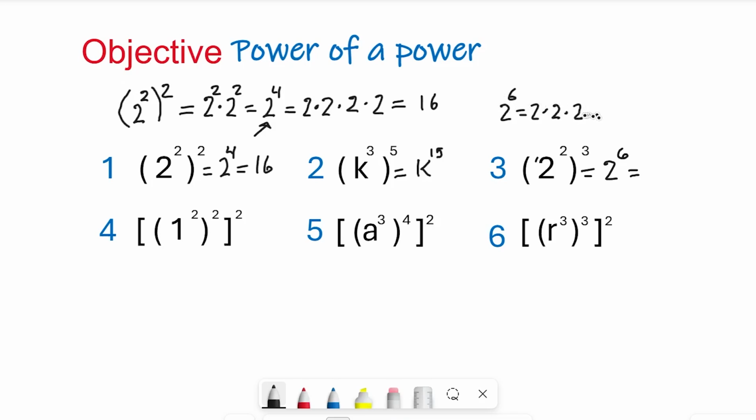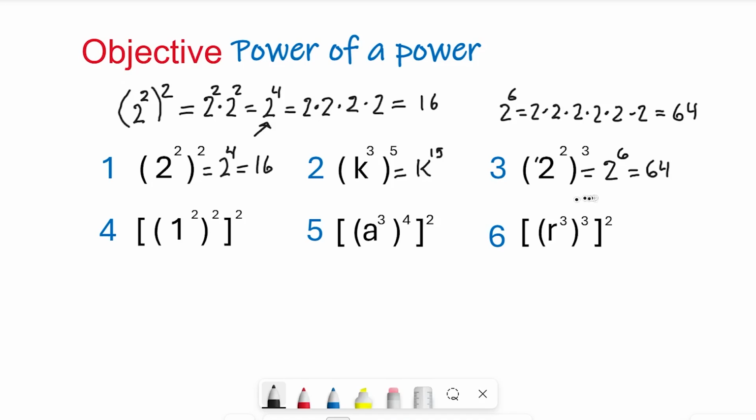We have 6 of them. And all of this would be multiplication. Okay. So 2 times 2 is 4, times 2 is 8, times 2 is 16, times 2 is 32, times 2 is going to be 64. And that's how we write the answer.